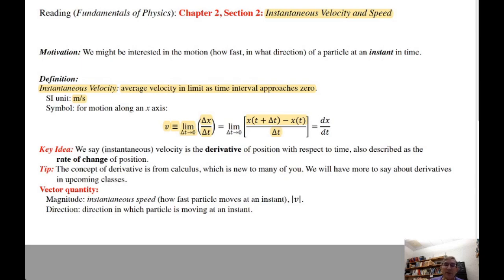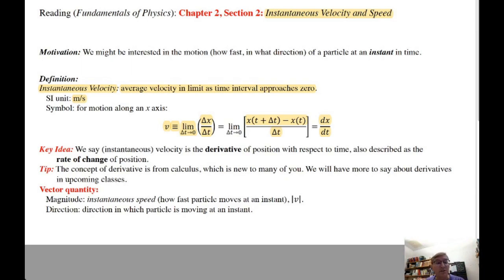Now you need to get used to the notation here, because that whole limiting process of delta x over delta t as delta t goes to 0, that's very tedious to write all that out. So we use shorthand notation, and there it is, dx over dt. That's the notation you'll see. So that is another way to express instantaneous velocity.